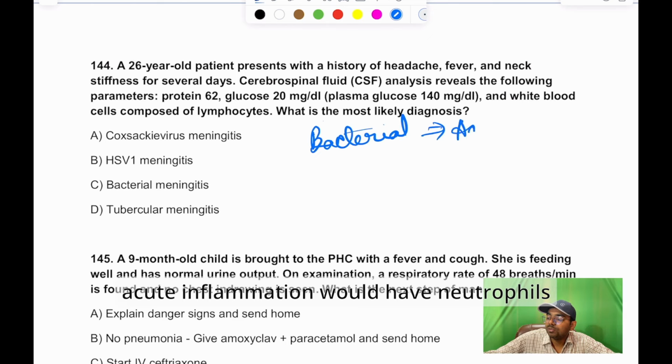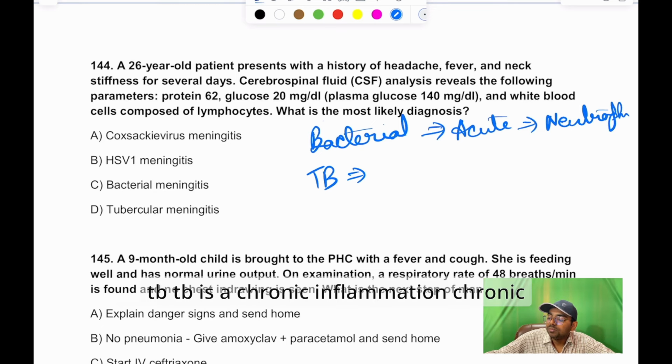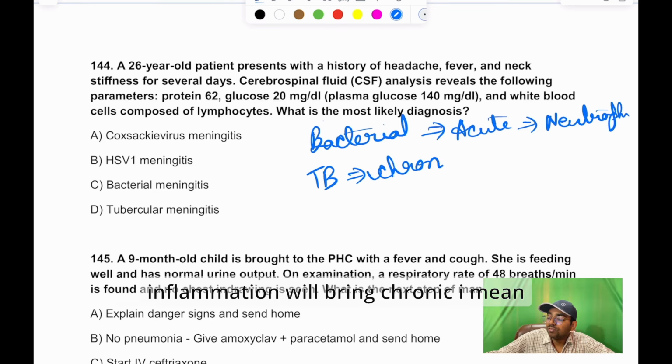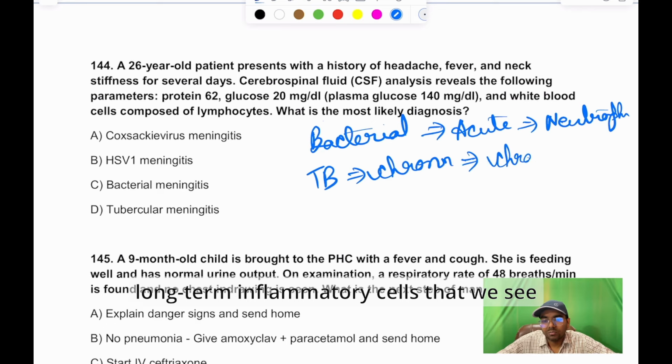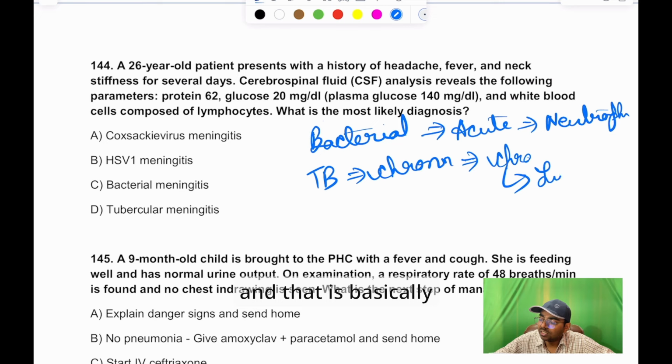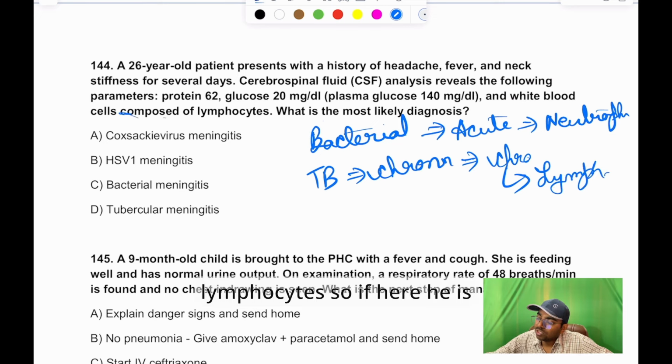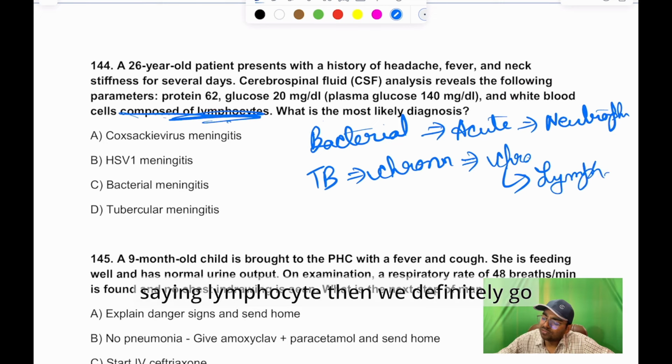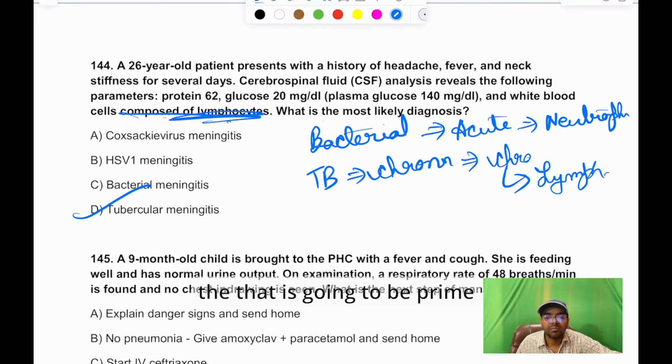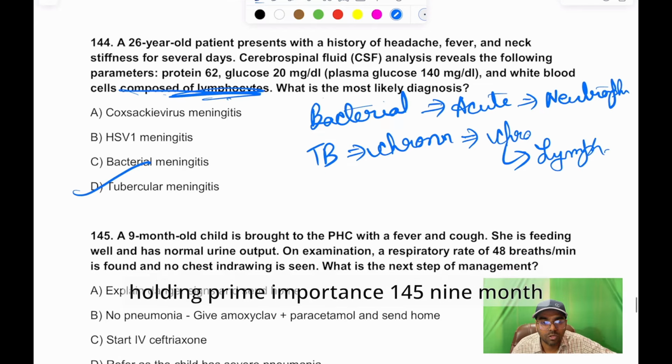Acute inflammation would have neutrophils. TB is a chronic inflammation. Chronic inflammation will bring chronic, long-term inflammatory cells that we see, and that is basically lymphocytes. So if here he is saying lymphocyte, then we definitely go for the tubercular. These are going to hold prime importance.